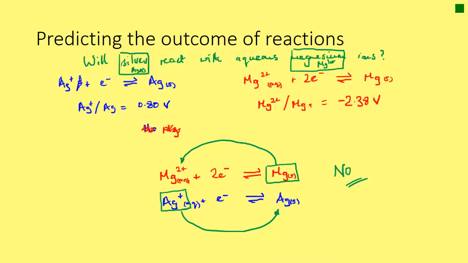And as far as magnesium is concerned, we would have magnesium 2 plus ions plus 2 electrons in equilibrium with magnesium metal.